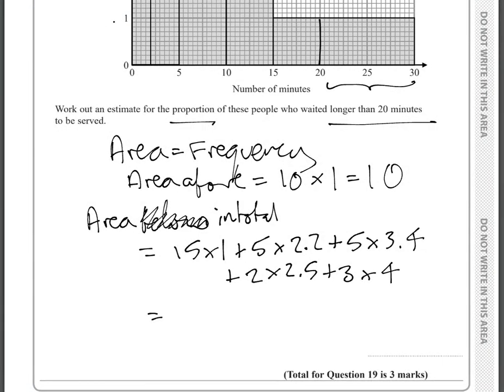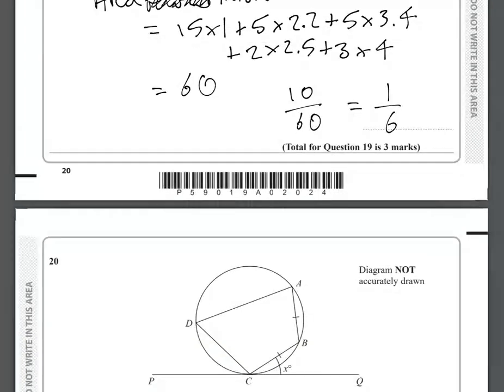Altogether, is 60. So what is the fraction? Well, it's 10 over 60, which is 1/6. There we go.